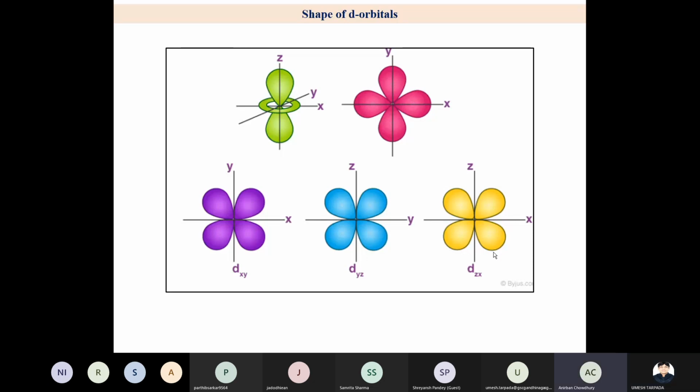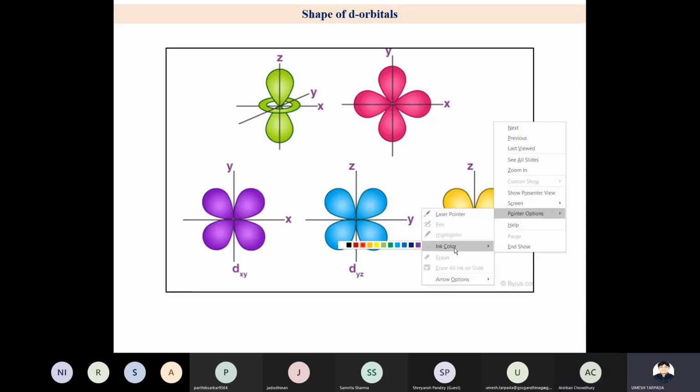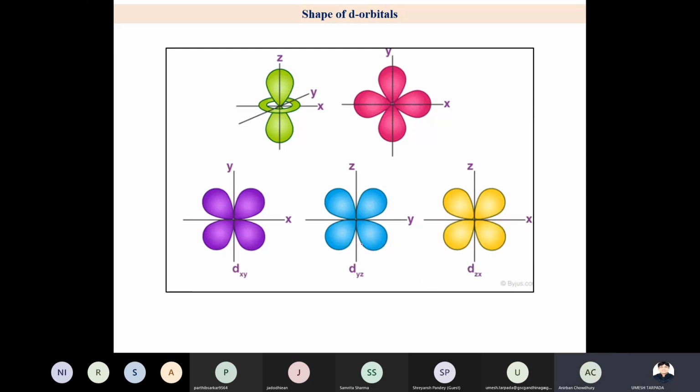Here, in this case, there are 5 d orbitals. The first one is dz square. Its lobes are along the z axis.